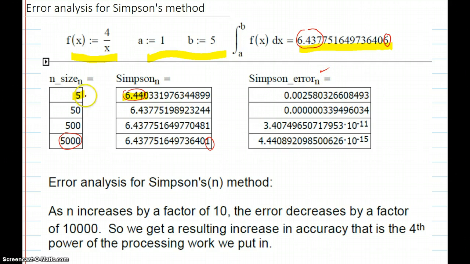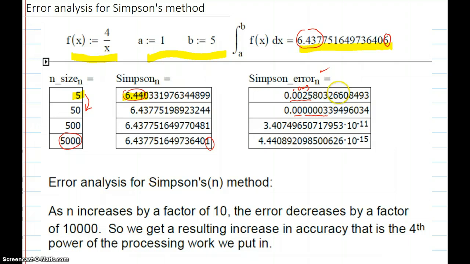When you increase by a factor of 10, let's see what happens. This first error was about 0.003 right here, 0.003, rounds off. And now when you increase by a factor of 10, that was 0.003, now it's 0.000003.